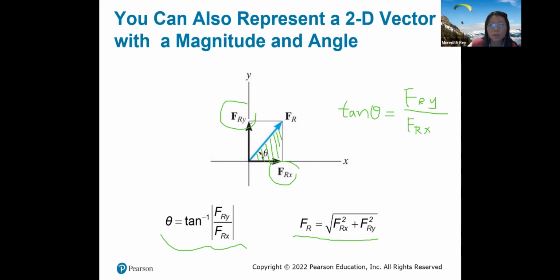Your opposite is this part, the vertical part, which is equivalent to your FRY, right? Adjacent is this part, your FRX. FRX is the adjacent side of that triangle, adjacent to that angle theta. So FRY over FRX, and if you do a tangent inverse, that will give you the angle theta here.